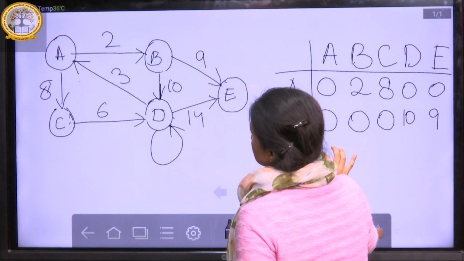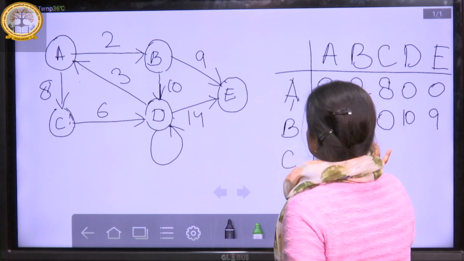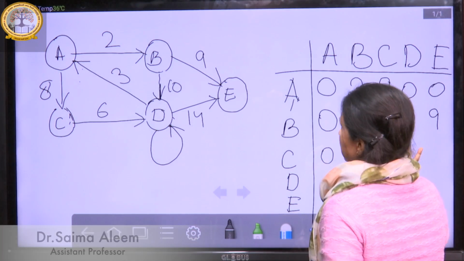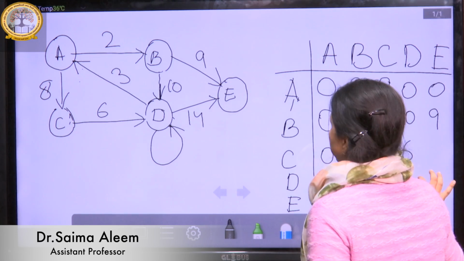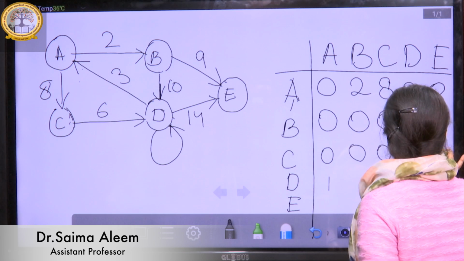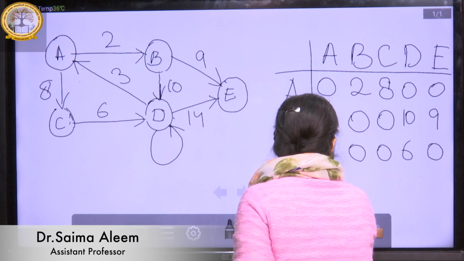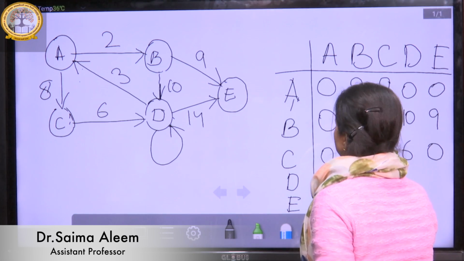C to A, 0. C to B, 0. C to C, 0. C to D, 6. C to E, 0. D to A, 3. D to B, 0.